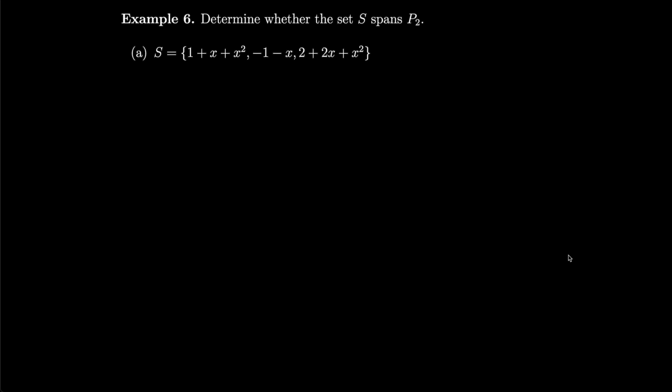How about we determine whether the set S spans P2? So what we'll do is we'll take an arbitrary vector in P2, which is just a second degree polynomial. So we'll say that that could be a plus bx plus cx squared. And we'll write that polynomial as a linear combination of the vectors in S. So how about I make the first one W1, and I'll make the second one W2, and I'll make the third one W3.